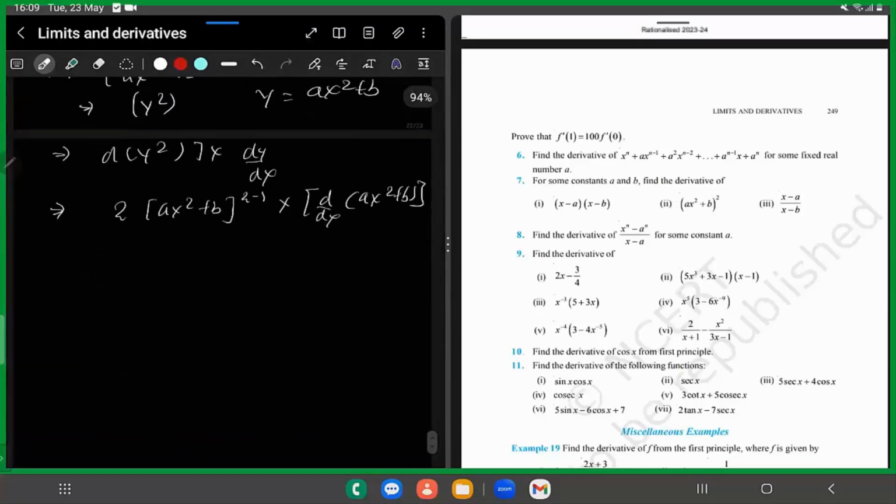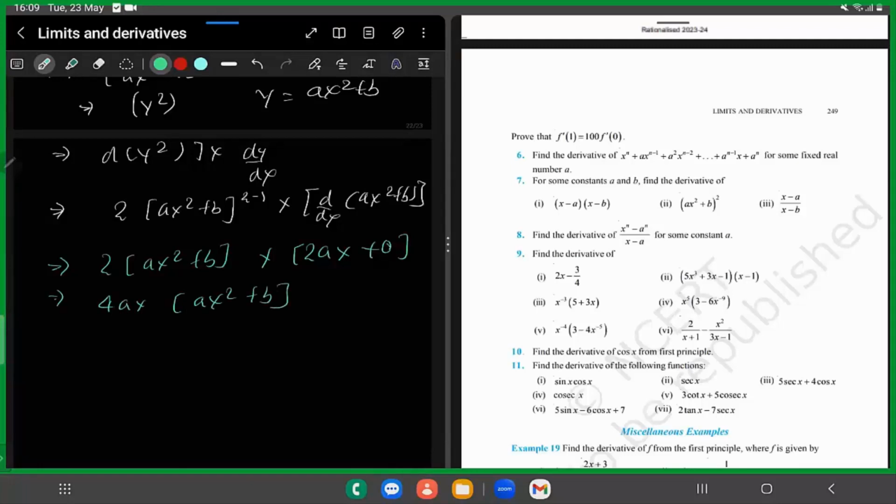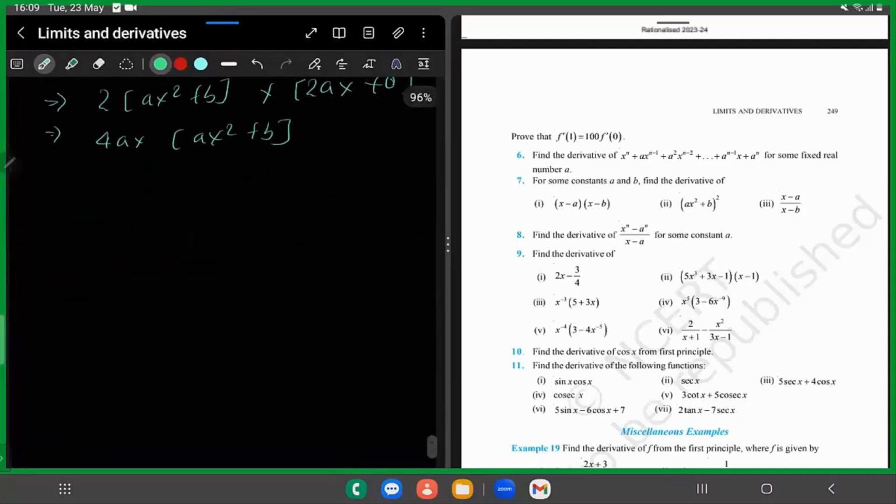This is basically the extension of chain rule. So this finally gives us 2 times (ax^2 + b) into 2ax, and b is constant, so its derivative is 0. So this is our final expression for this question.